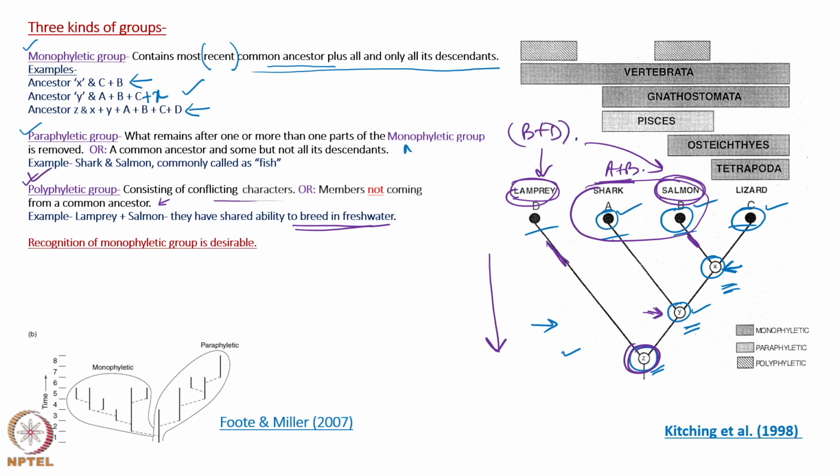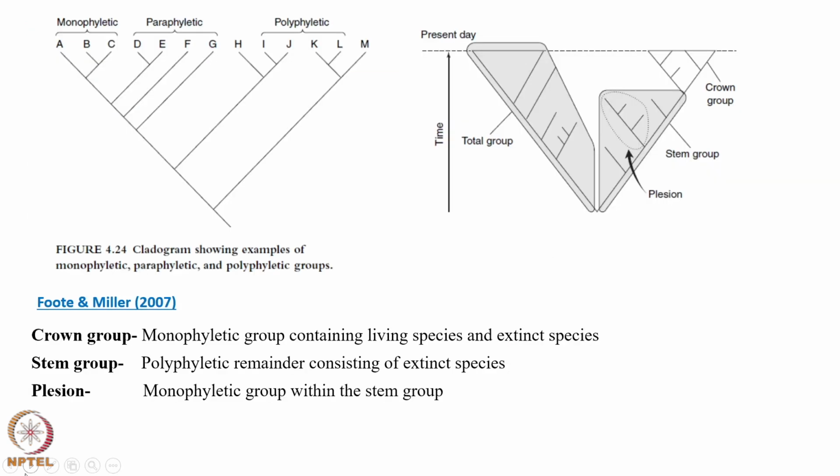It is desired that in paleontological studies, monophyletic groups are prepared. Here is a self-explanatory diagram representing the monophyletic group and the paraphyletic group. So, with the definitions we have learnt about the monophyletic group, paraphyletic group and the polyphyletic group. A, B and C together can be called a monophyletic group, because they are coming from a common ancestor, or they can be grouped together.